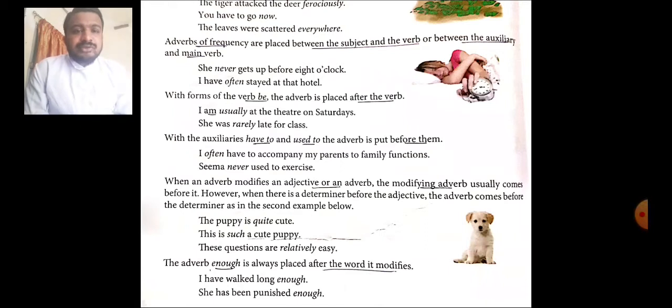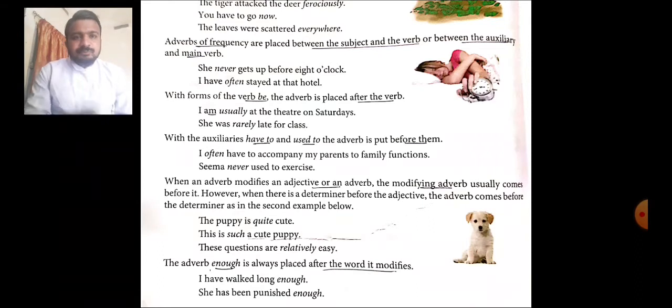When an adverb modifies an adjective or an adverb, the modifying adverb usually comes before it. However, when there is a determiner before the adjective, the adverb comes before the determiner, as in the second example below. Now look at the examples given there. The puppy is quite cute.